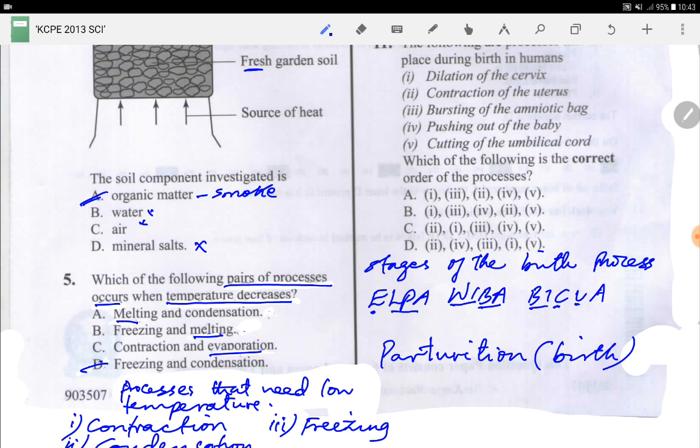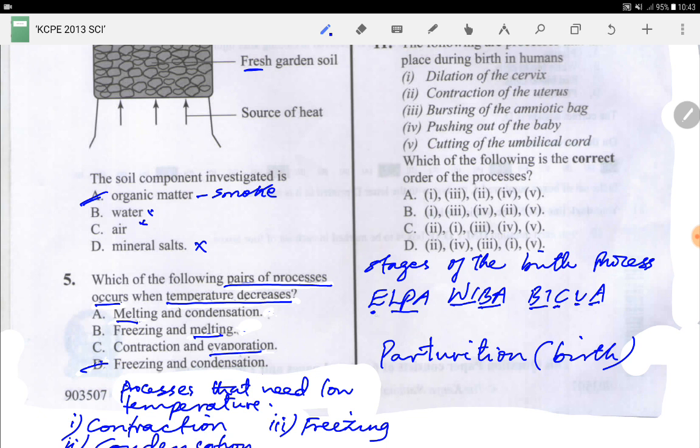Why are we cutting the umbilical cord? The umbilical cord is cut in order to make the newborn baby independent. And finally, A stands for afterbirth. Afterbirth.